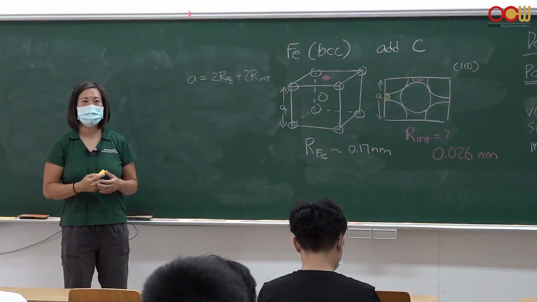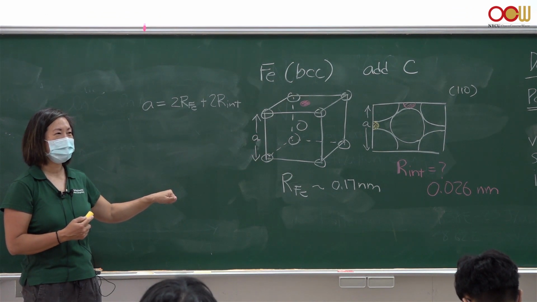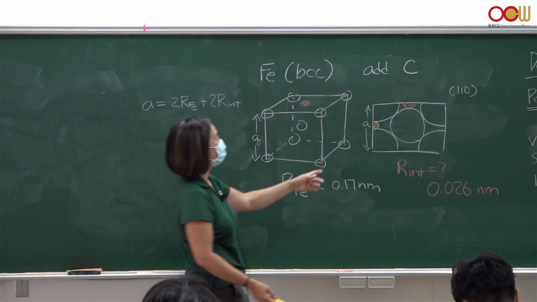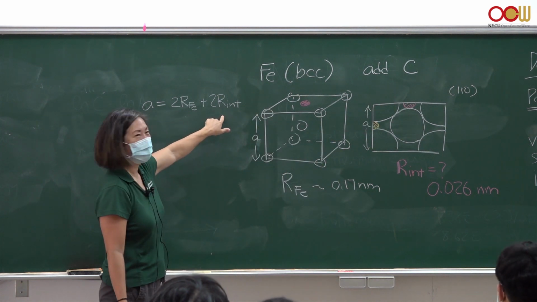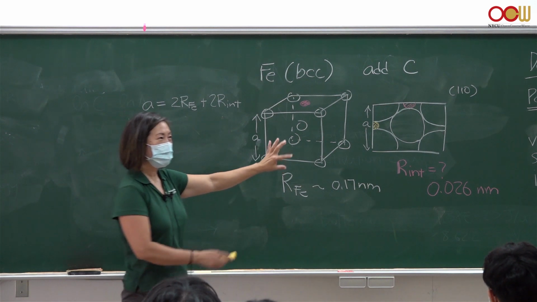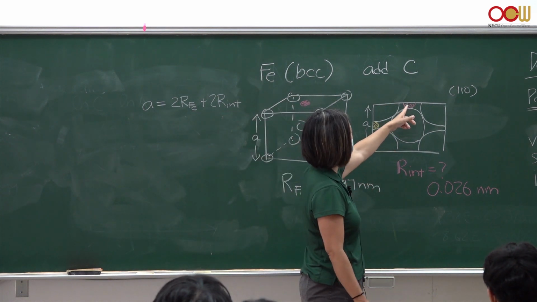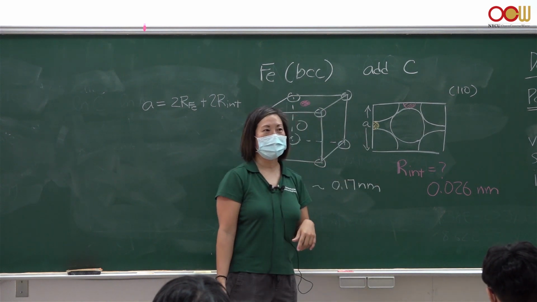What is the size of that interstitial site? Can you do it without calculating, or do you need to calculate again? Without calculating, because it's also a equals 2R plus 2 small r, right? So it should be the same. So you have two different places where you can have these interstitial sites, along the face centers or along the edge centers, but they're the same size.